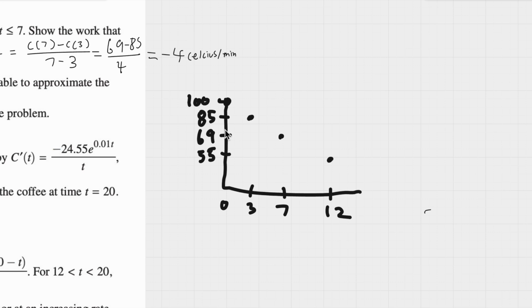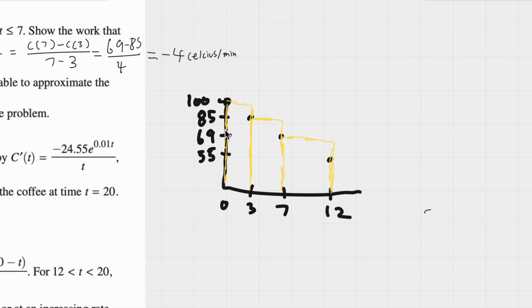Because this is a left Riemann sum, we have to get it from the left. So we'll be doing this, this, and this. These 3 rectangles.